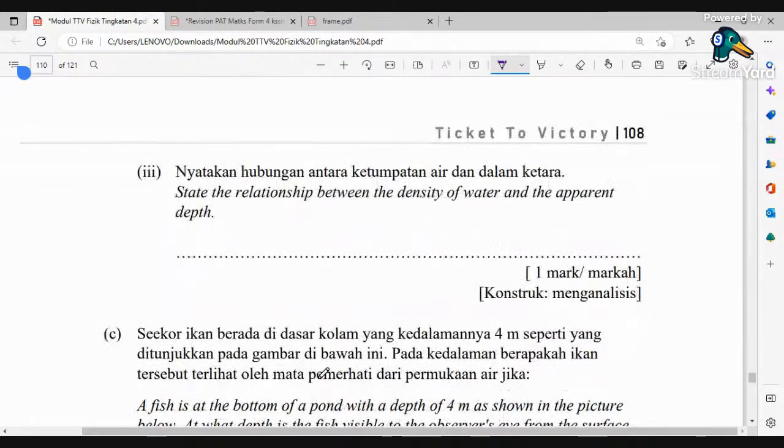Okay, next, state relationship between density and apparent depth. When density increases, okay, ingat formula je lah ya. N equals to H divided by small h.